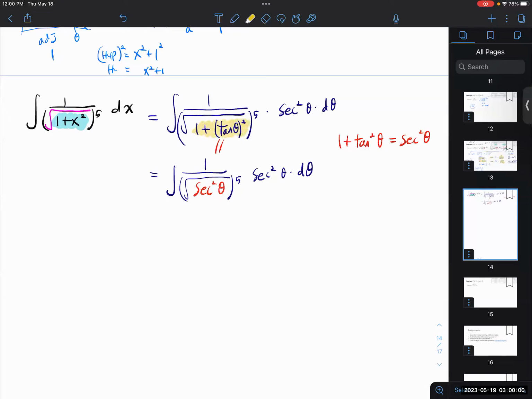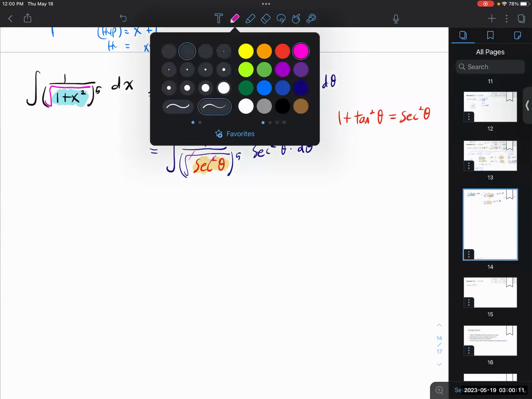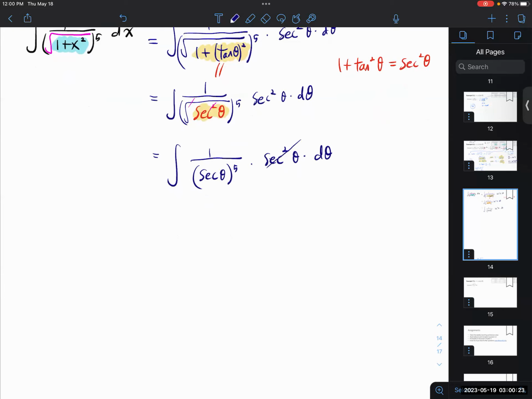The second power and radical are going to cancel. So we have 1 over secant theta to the 5th remaining, and secant squared theta d theta still there. We can keep simplifying. So we have 1 over secant theta to the 3rd power d theta remaining.